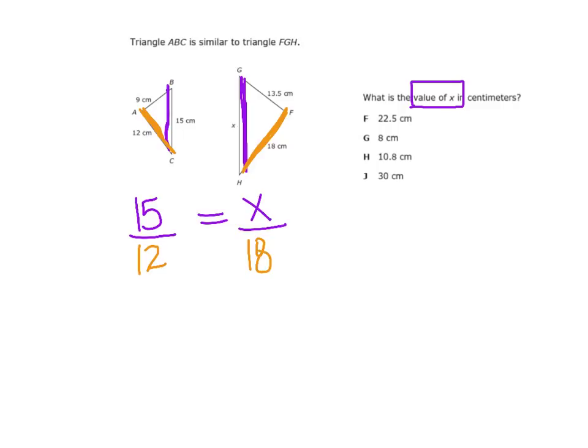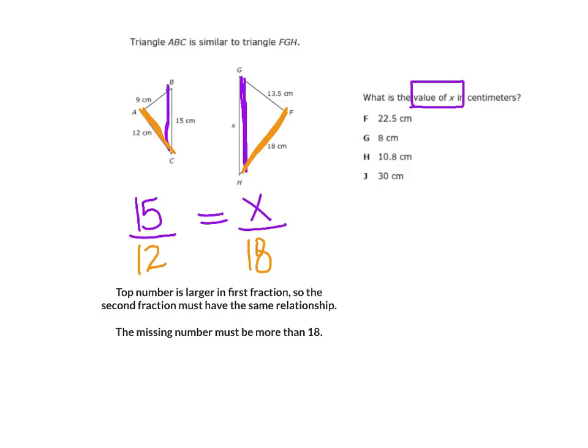Now, here's something that I'm going to show you to help with the answer choices, or to help you know if you got the right answer. If you take a look, 15 is larger than 12. That tells me for sure the relationship on this side, this missing number, has to be larger than 18.